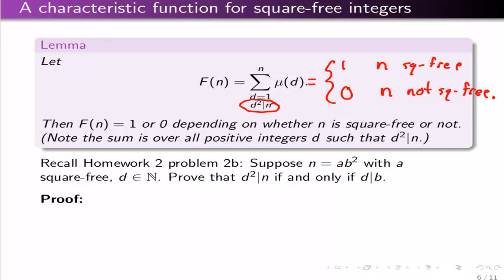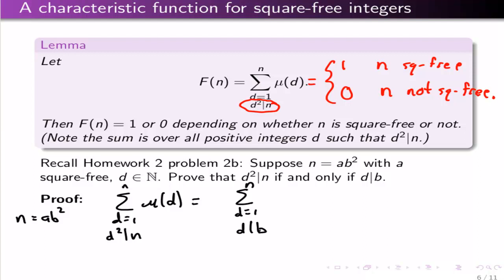So when I prove this, I'm going to express n as ab squared. So it's the sum d equaling 1 to n such that d squared divides ab squared, and that would mean d divides b. Right? That's equivalent to saying d squared is a divisor of n, that d is a divisor of b.